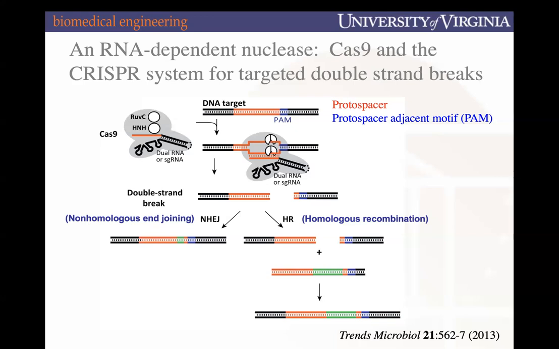And so what ends up happening here is that the Cas9 endonuclease was first discovered in archaea, these deep sea organisms, and CRISPR, I had the acronym in my head and I've lost it.